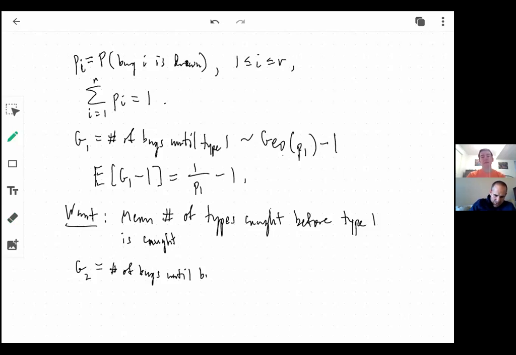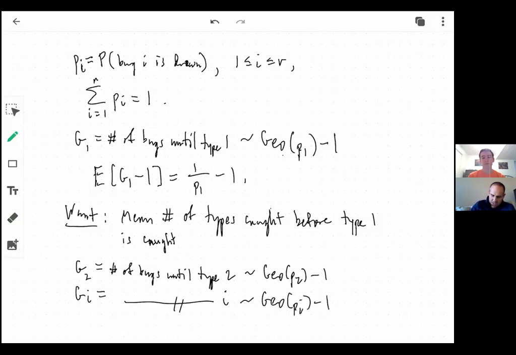Type 1, type 2. And this is going to be geometric P2 minus 1. In general, Gi is the number of bugs until type i, which are all going to be geometric Pi minus 1.